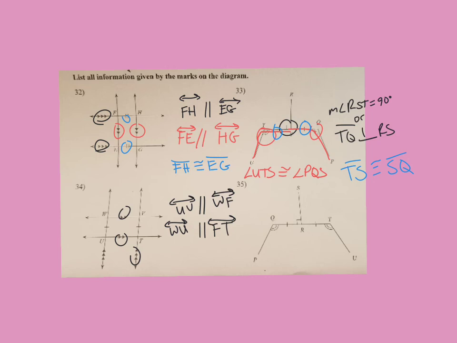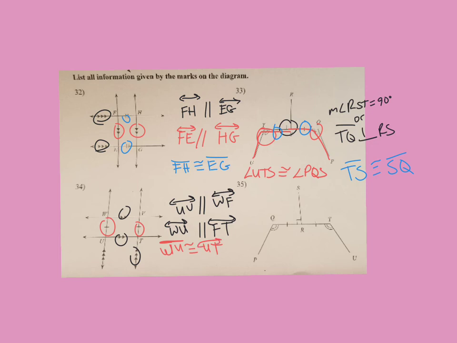The last thing I'm going to say, I'm going to have my dashes, which will tell me that segment WU, with a bar on top, is congruent to segment UT. And that's it for 34.